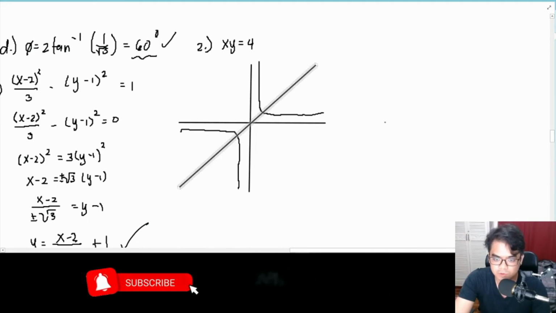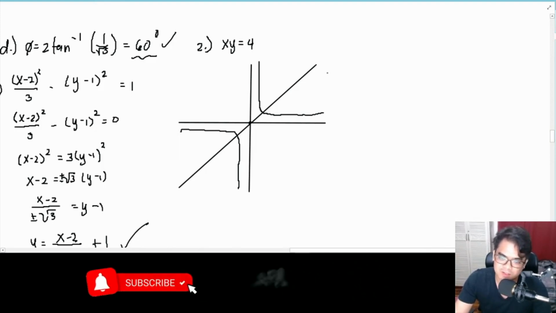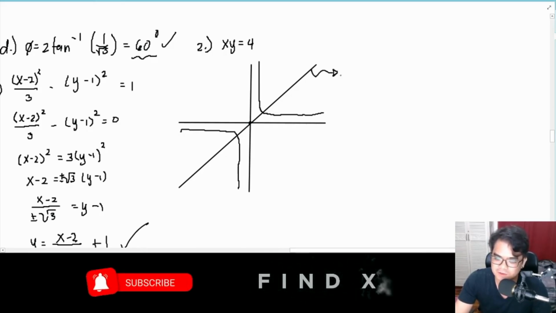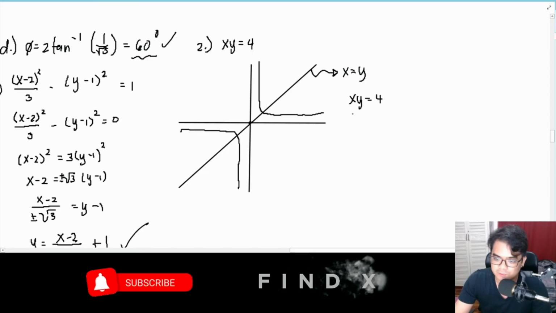okay, if you will consider this line, this line actually passes through the origin, so that is 0, 0. And this line will also be the line that bisects the first and the third quadrant. Therefore, you can say that this line is x equal to y. Okay? So, if x is equal to y and xy is equal to 4, substitute that, you'll have your x squared equal to 4.